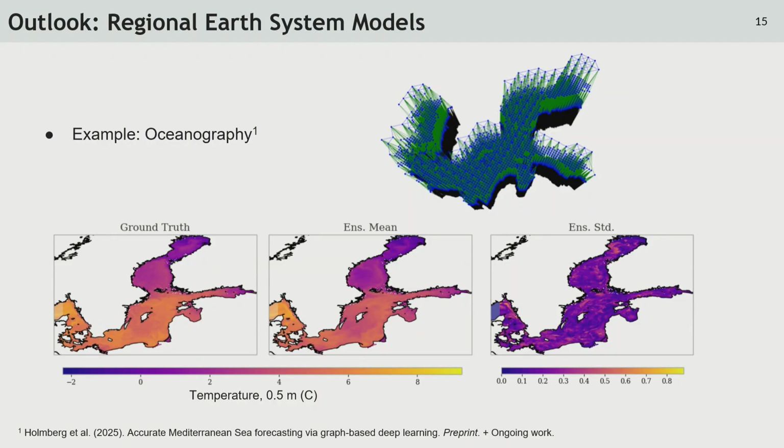Particularly, we could take an example such as oceanography, where we are often interested in modeling a certain sea, a certain ocean. Here we're also looking at how these kinds of approaches can be applied in this problem, particularly the probabilistic regional models. In this case, we're working with collaborators at the University of Helsinki to consider how we can build probabilistic machine learning models for the Baltic Sea.